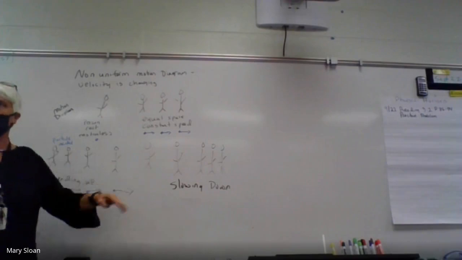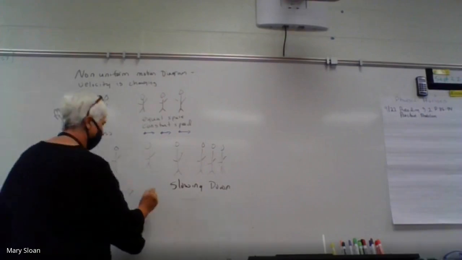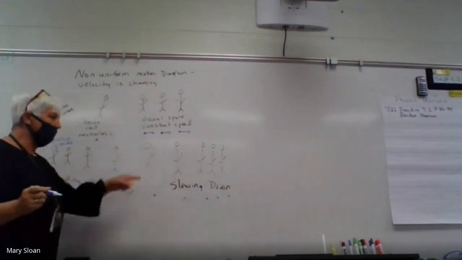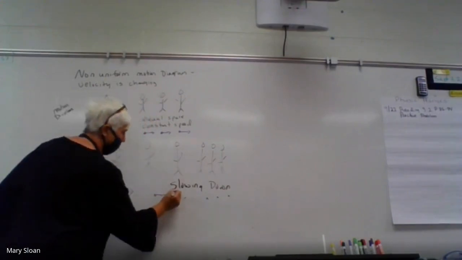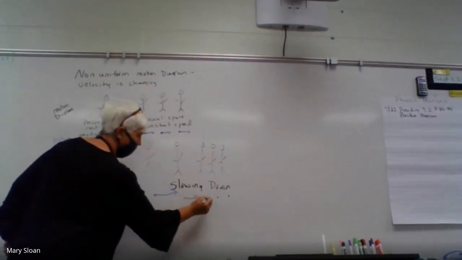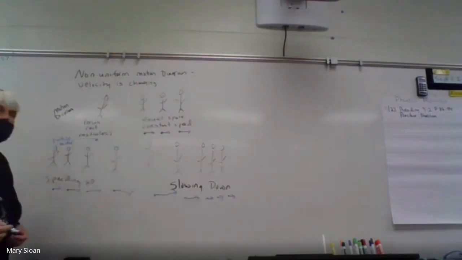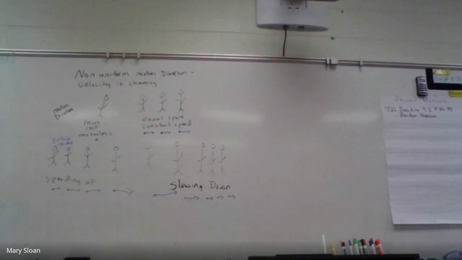How about something slowing down? You'll start long, then short. I'm just doing my dots where my people are. Does that make sense? So if I ask you to draw me these two diagrams and call them by name, motion diagram and particle model, would you know the difference?